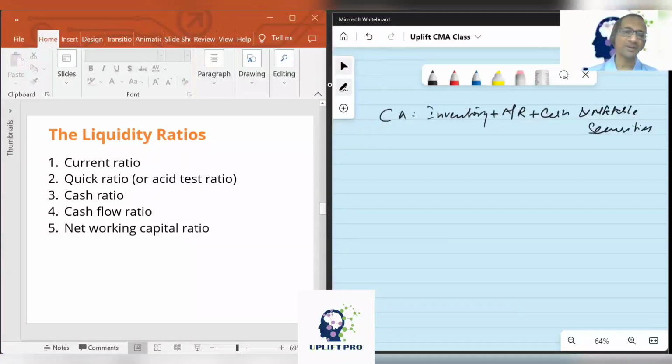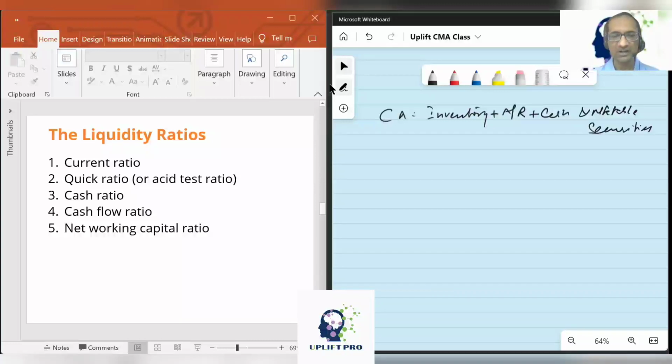Marketable securities are securities or bonds or investments which can be converted into cash at very short notice without too much of a loss when you convert them into cash. For example, if you have treasury bills issued by the US government, they can be converted into cash readily by selling them in the market, and the amount you will get will be almost equivalent to the same value.